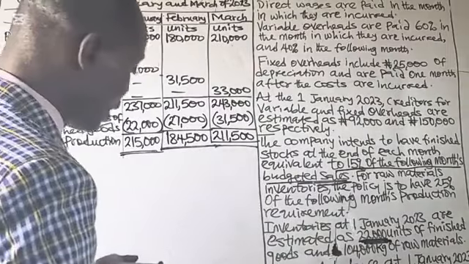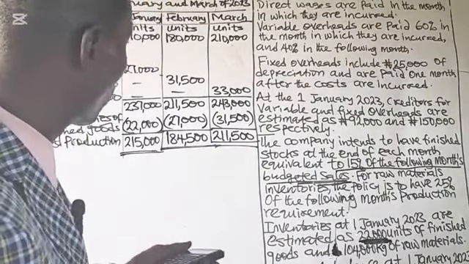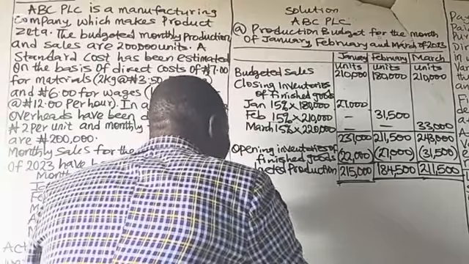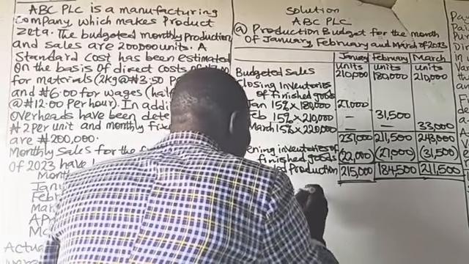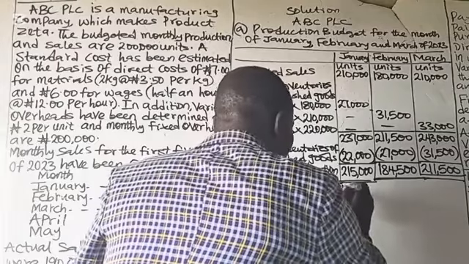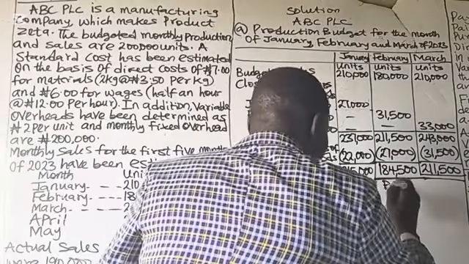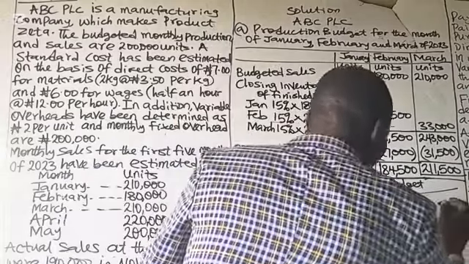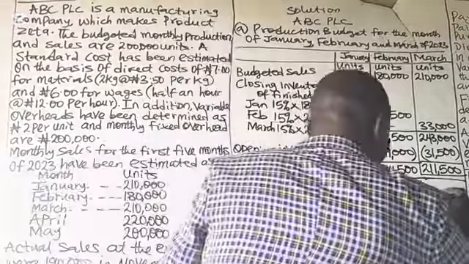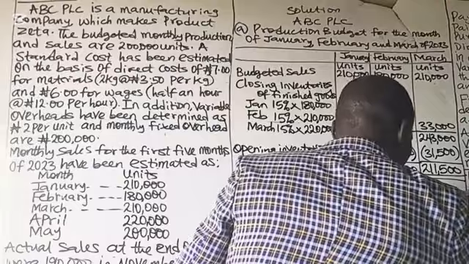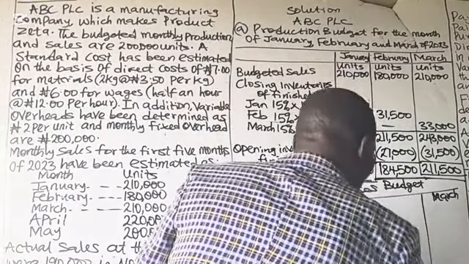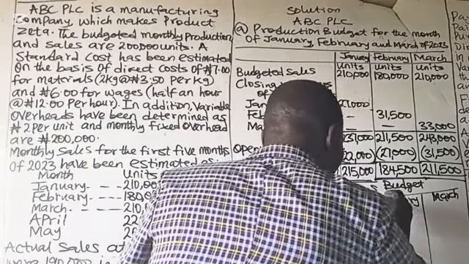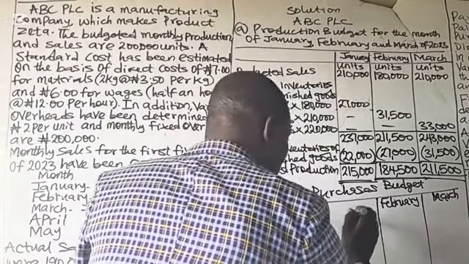That is the requirement A. Now back to the requirement B. In requirement B, you have to prepare the materials purchases budget. You want to prepare the material purchase budget for the month of January, February, March. So we have March, we have February, and we also have January.